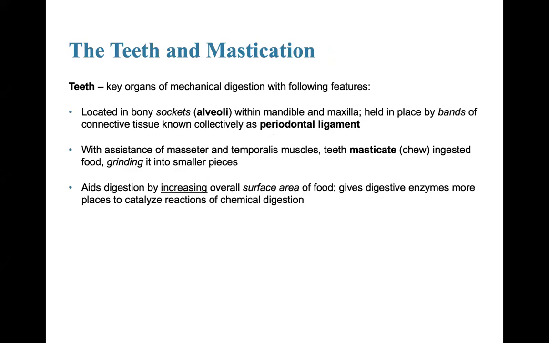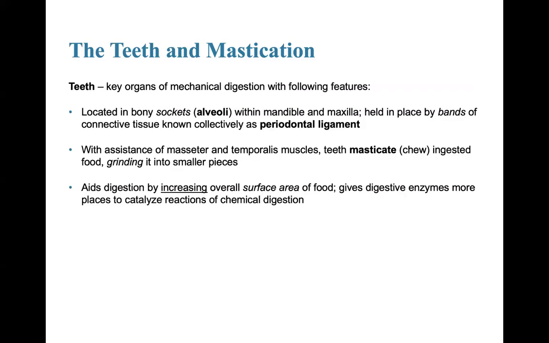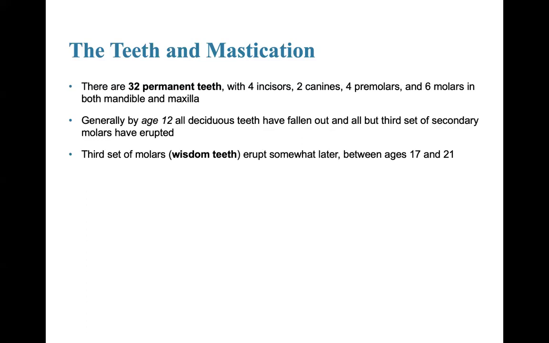This aids in digestion by increasing the overall surface area of food. And by increasing the overall surface area of food, that allows the digestive enzymes to have access to it in order to break it down into smaller, usable nutrients. And that process is going to be chemical digestion, when you're using these enzymatic reactions.